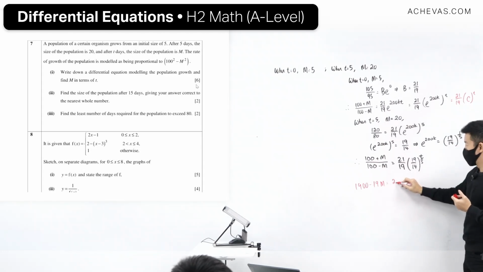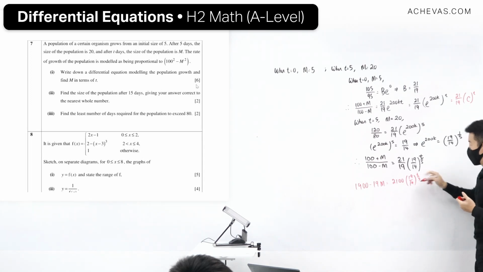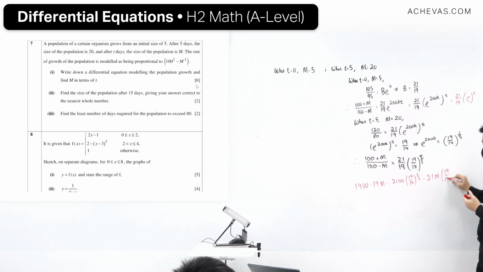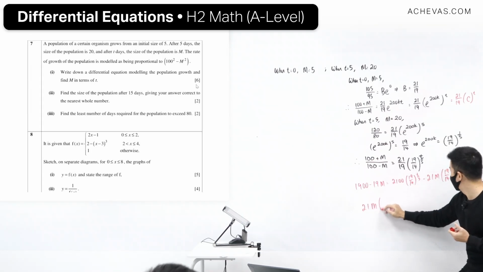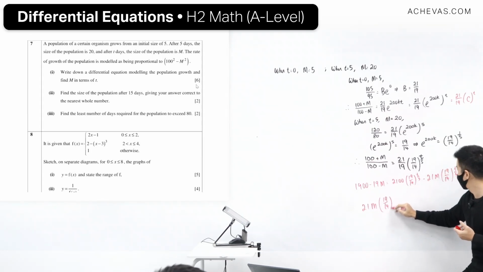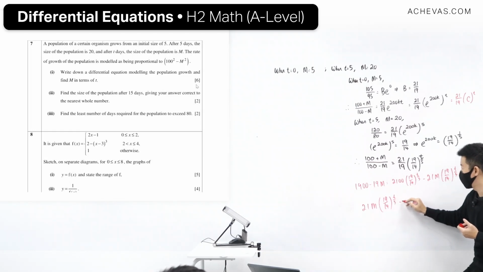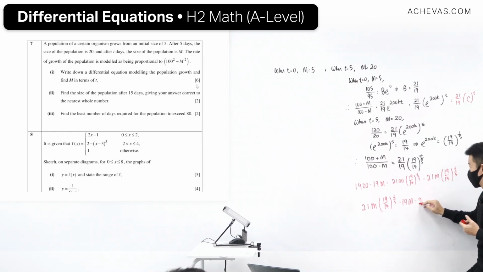So we have 2100 times 19 over 14 to the power of t over 5, minus 21m times 19 over 14 to the power of t over 5. If I bring this over to the other side, we have 21m times 19 over 14 to the power of t over 5, minus 19m, equal to 2100 times 19 over 14 to the power of t over 5, minus 1900.